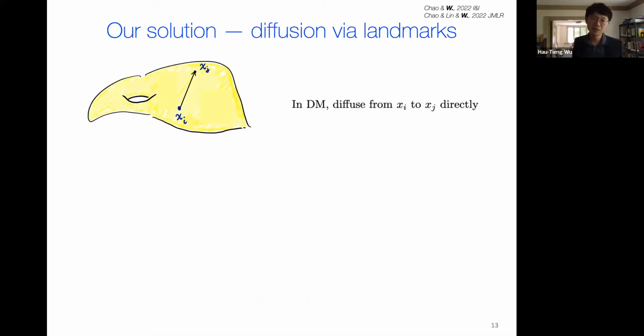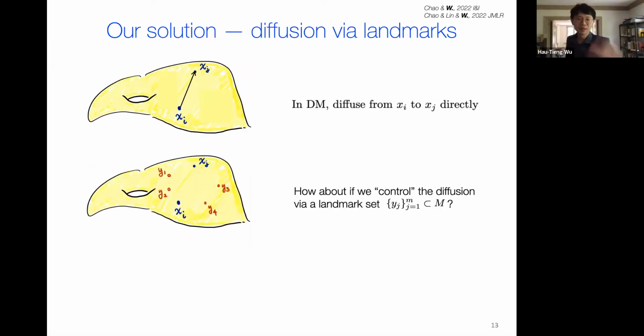Okay, so our solution is something called diffusion via landmarks. What does it mean? Recall in diffusion map, if you are interested in diffusion from xi to xj, then you just do the diffusion directly, right? Although I draw a straight line, it is just diffusion. What we asked before, actually with Chao, my PhD student who just graduated, was: how about if we control the diffusion via a landmark set?